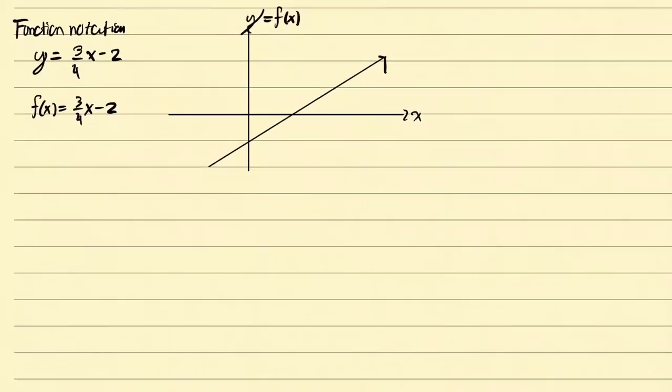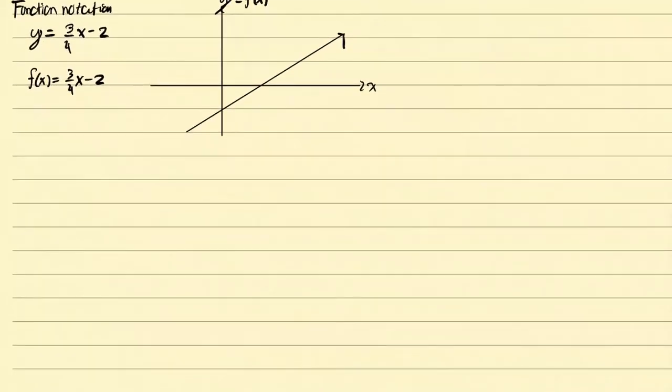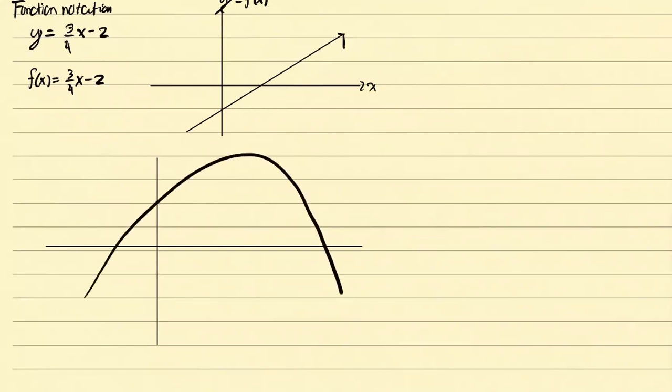So now what we can do is analyze this in a maybe slightly more succinct way. So let's say I have this curve, and this is f of x, and this is x.